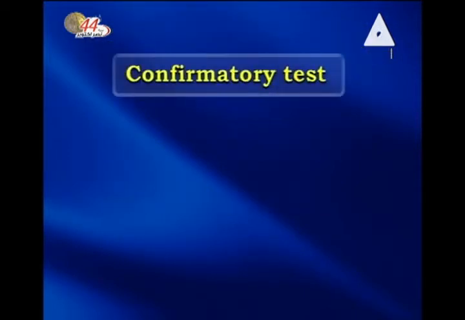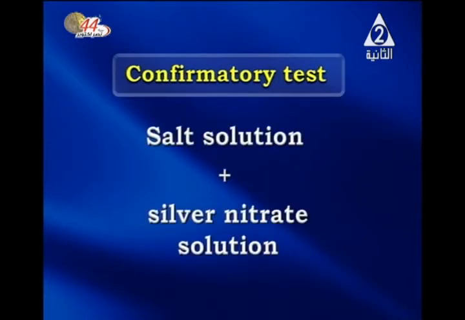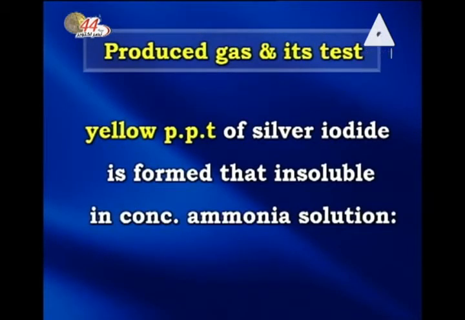Now we are going to discuss the confirmatory test. The salt solution plus silver nitrate solution. The produced precipitate is yellow precipitate of silver iodide, which is insoluble in concentrated ammonia solution, as the following animation shows.